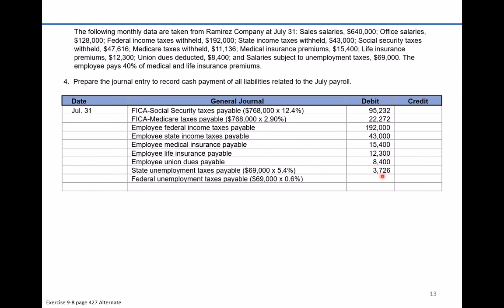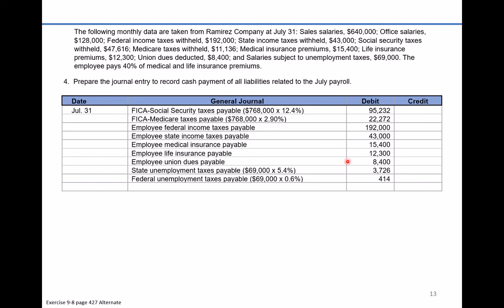And the exact same thing with the federal unemployment taxes, but notice the rate is different, 0.6%. There was a credit balance in that payable account, that liability account, for $414. We make that go away with a debit of $414. And then we simply total all of these amounts up, and those are the amounts that will be paid out of cash from the employer to settle all of these liabilities.